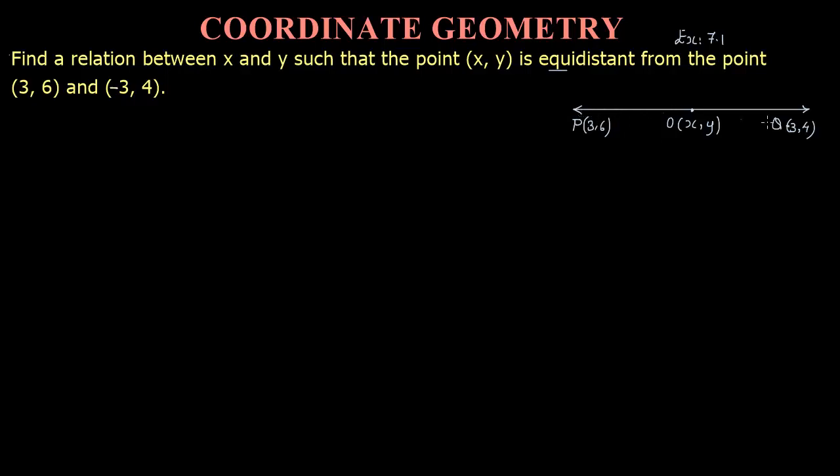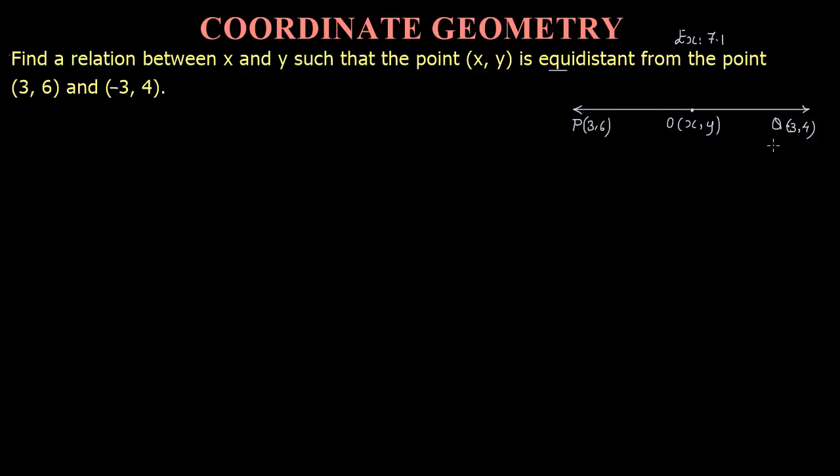So I have just drawn a line, and then I have written here the 2 points on that. I have just named it as P, and I have just named this point as Q. So the 2 points I have given the name P and Q, and then there is one more point which is at the middle of these 2 points, so that I have named it as O. And what are the coordinates of these 3?